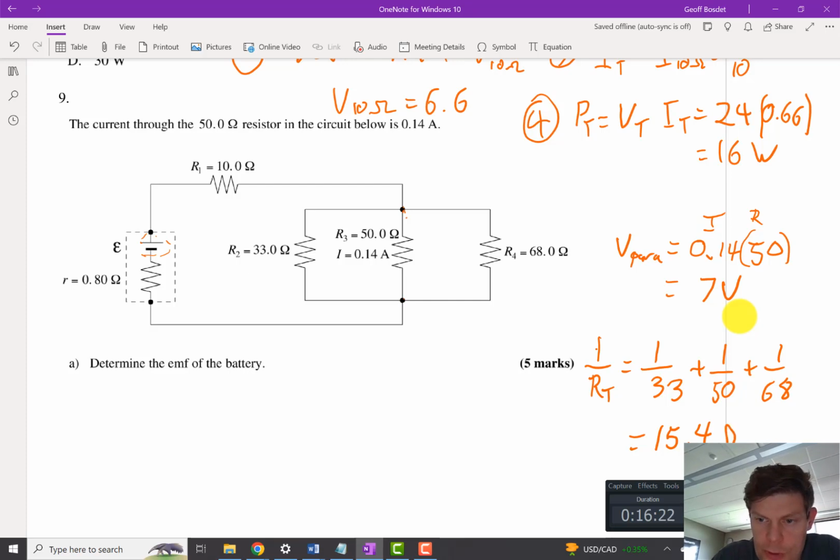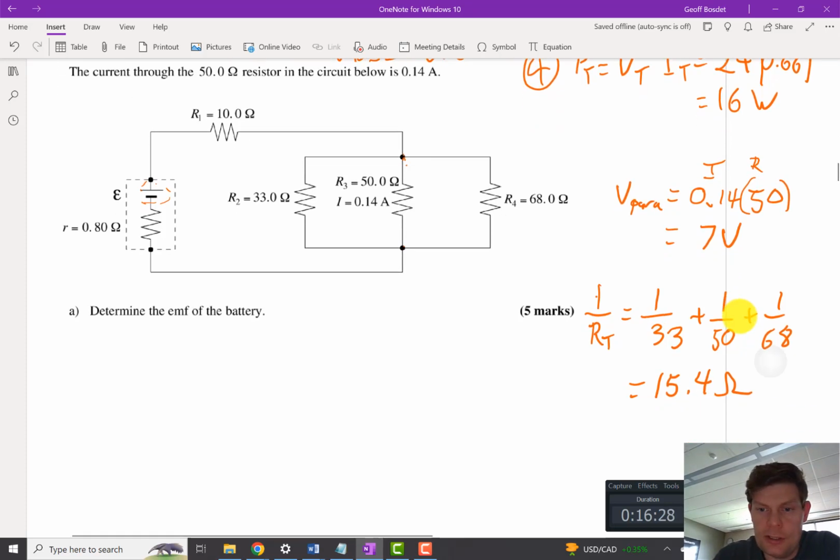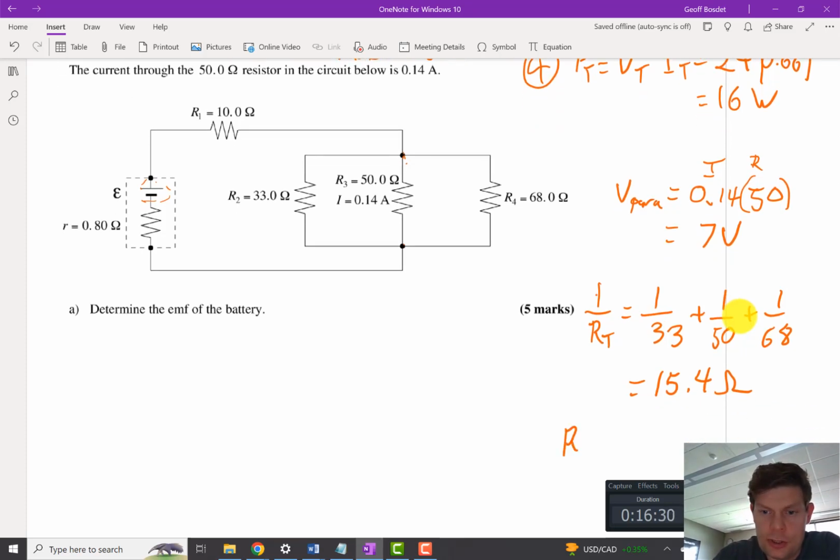15.4 ohms. Now that I got the resistance there, I can find the total resistance for my circuit. I could also find total current at this point. My I total is equal to the current through the whole parallel section, which is just equal to 7 volts divided by 15.4.